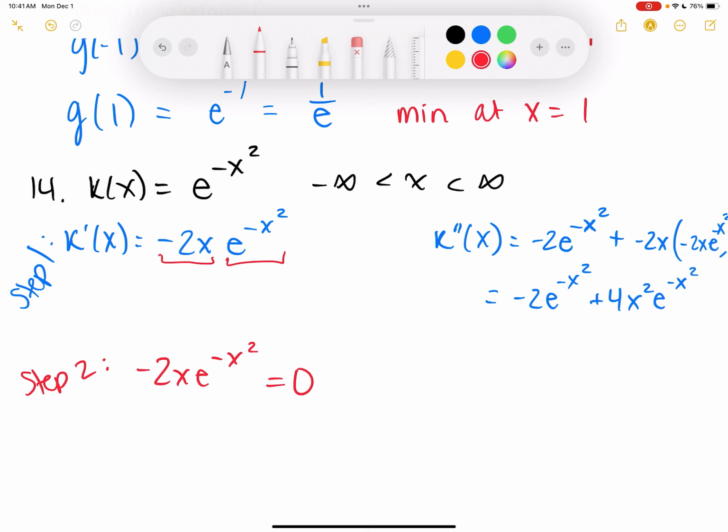I can break this up into two separate pieces, but there's no way for this e to the negative x squared to be equal to 0 for the same reason as the first part. So I essentially can divide by 2, and I can divide by this because there's no way for that to be 0. So I've got negative 2x equals 0, or e to the negative x squared equals 0. Well, that's not possible there. Divide by the 2 here. So then x equals 0 would be my critical point.